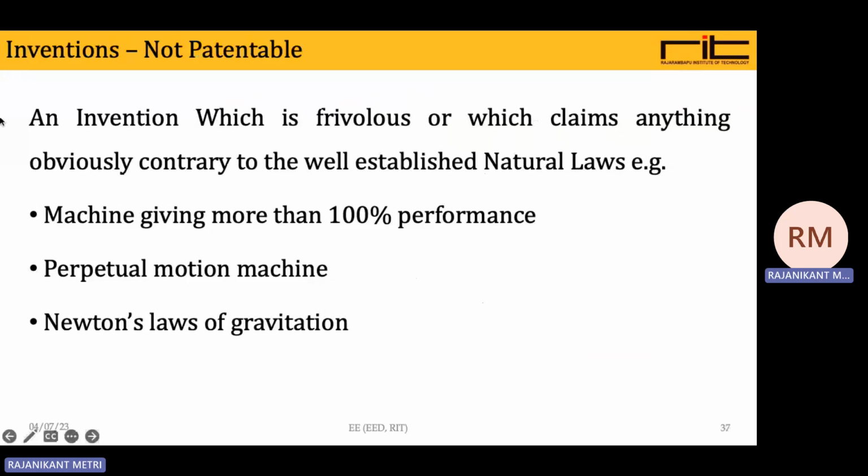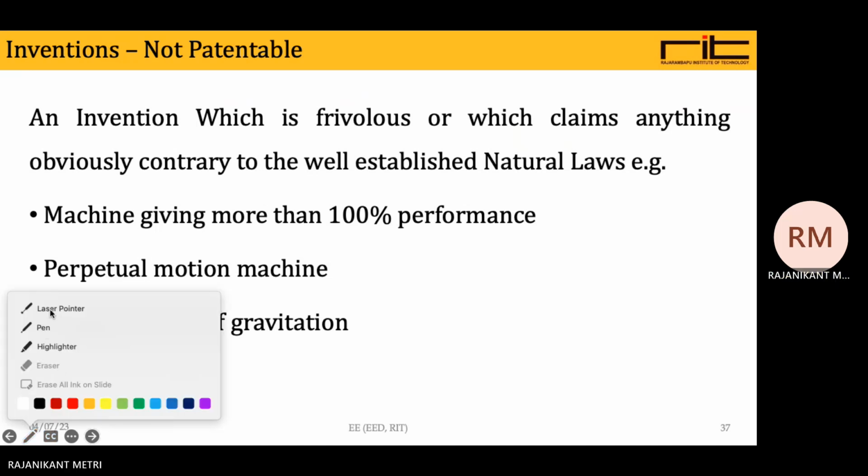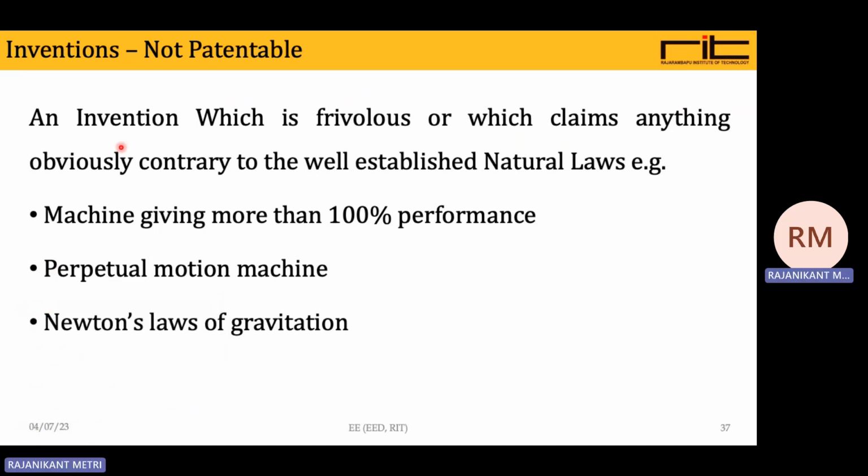Now, today we will see the inventions which do not fall under patentable subject matter, or which cannot be patented. An invention which is frivolous or disputable or trivial, present everywhere or general, or which claims anything obviously contrary to well established natural laws.